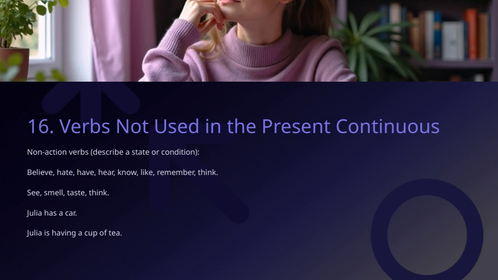So the key point here is that these non-action verbs describe states or conditions. They help us understand that not all verbs can or should be used in the present continuous tense. Recognizing this distinction is important for correct grammar and clear communication, especially when expressing feelings, perceptions, or possession.